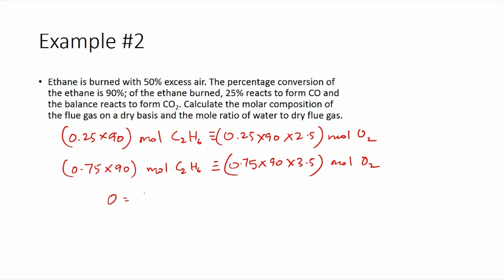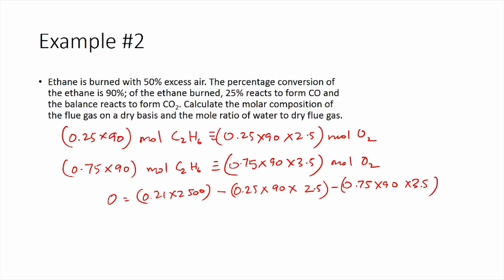So, output would equal input, which is 0.21 times 2500, minus 0.25 times 90 times 2.5, minus 0.75 times 90 times 3.5, giving a value for the output, N2, as 232 moles of oxygen.